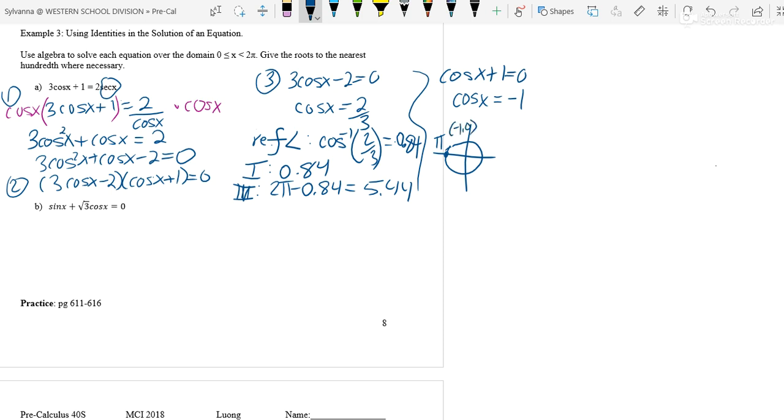And remember from our unit circle that our x-coordinate will give us the value for cos. So in this case, x is equal to pi. Now altogether, if you add both of them, x is 0.84, 5.44, and pi. And then we're done.